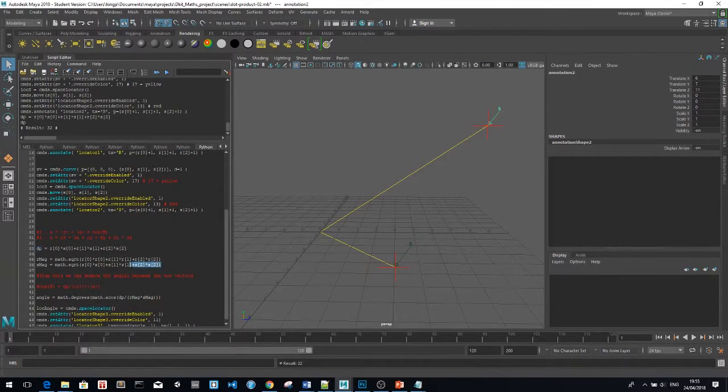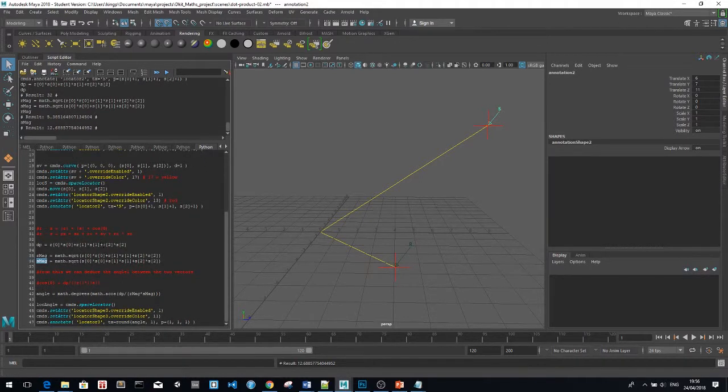So if we use Pythagoras theorem to get the magnitude of R and S, we'll do this by multiplying each of the components by themselves, squaring them, passing them to the square root maths function. We get two values, and from this we can deduce the angle between the two vectors using this formula.